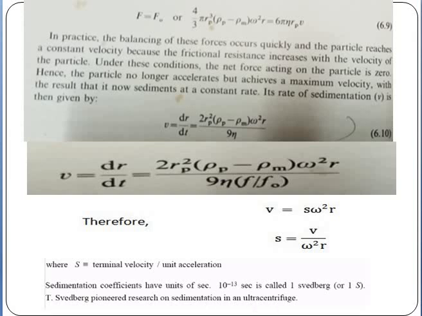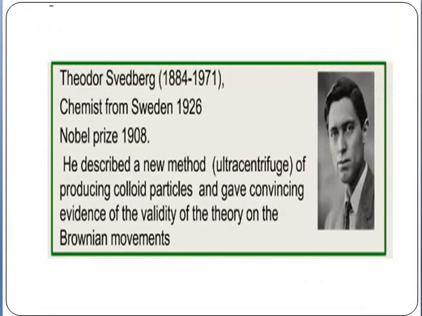In conclusion, this Swedberg unit was introduced to honor Theodor Svedberg, who contributed a lot to inventing the ultracentrifuge, the latest advanced technique for separating micromolecules, macromolecules, as well as intracellular organelles. But he introduced this technique for studying colloidal particles and Brownian movements.